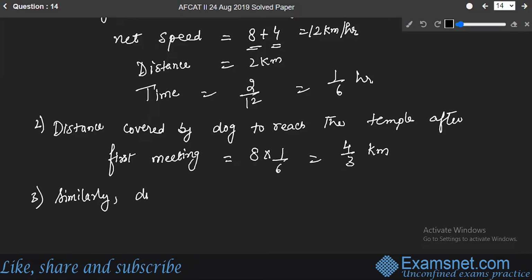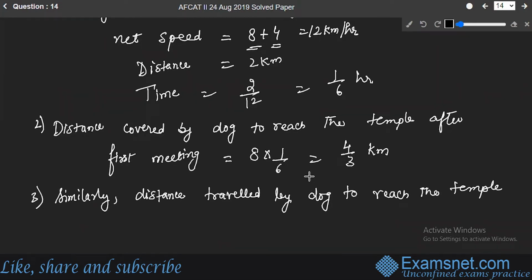Similarly, distance traveled by dog to reach the temple after second meeting will be 4 by 3 into 1 by 3.